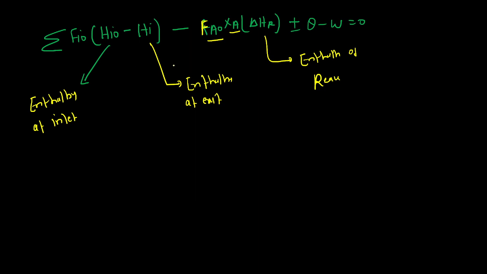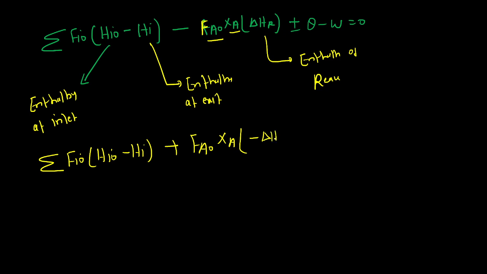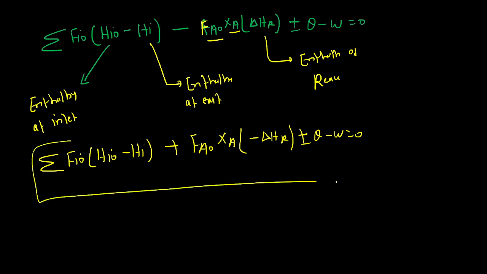So here can I write better: summation of Fi naught (Hi naught minus Hi) plus Fa naught Xa (minus delta H of R) plus minus Q minus W, that is equal to 0, right?